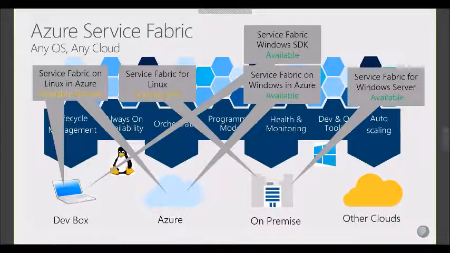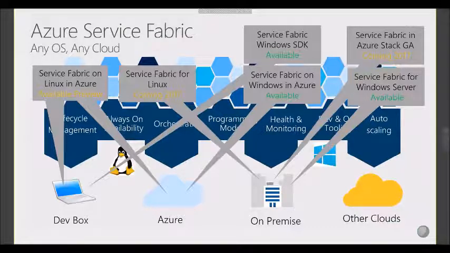We will have it available for on-prem use this year, so it's not yet available to download for your own machine, but you can test it out on your dev machine and on Azure. For on-premise, it's also coming to Azure Stack, which is a special offer by Microsoft where you can basically run Azure in your own data center.